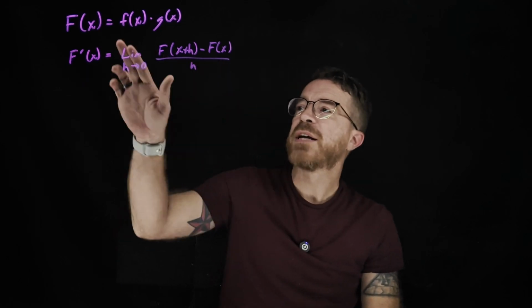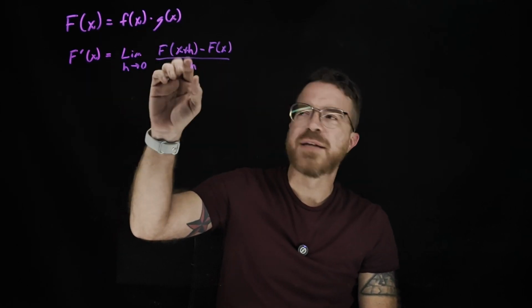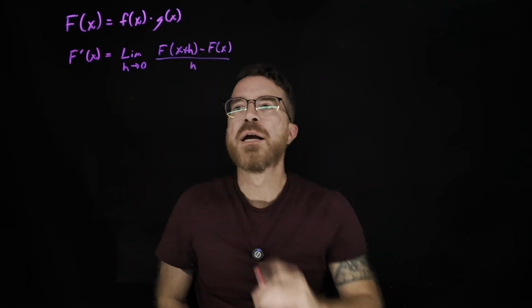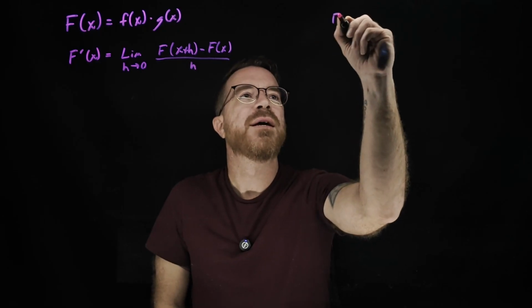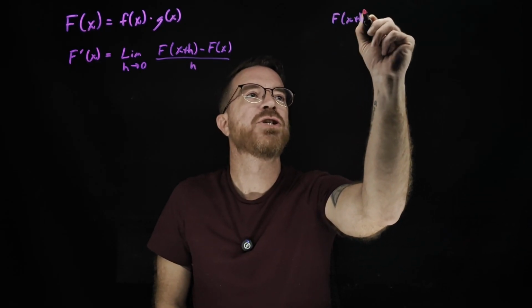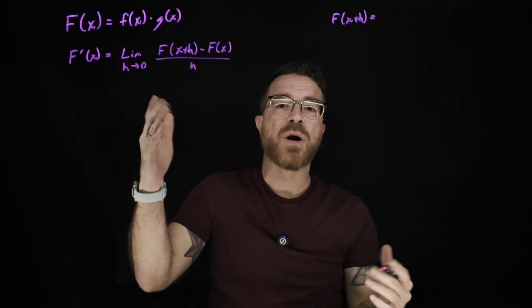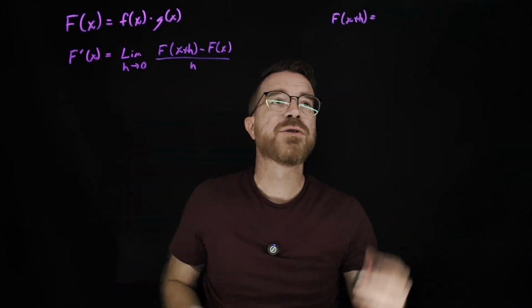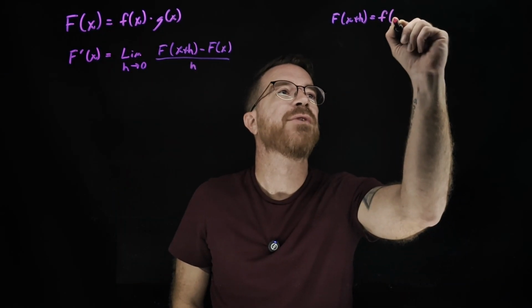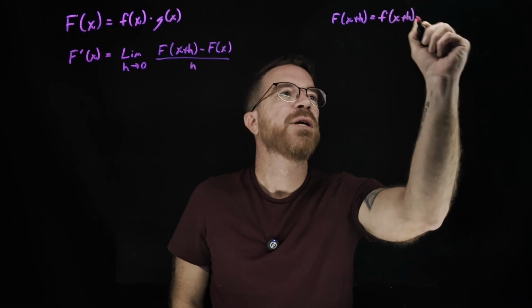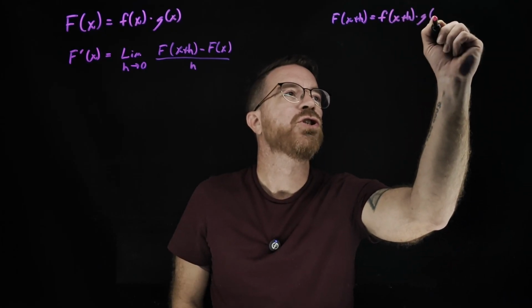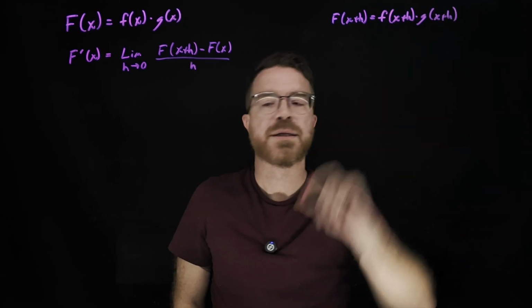Now, we know what F of x is. It's f of x lowercase times g of x. So we need to figure out what F of x plus h is. In this case, I would plug in x plus h anywhere I have an x in our function. So this is going to be the function f of x plus h times the function g of x plus h.